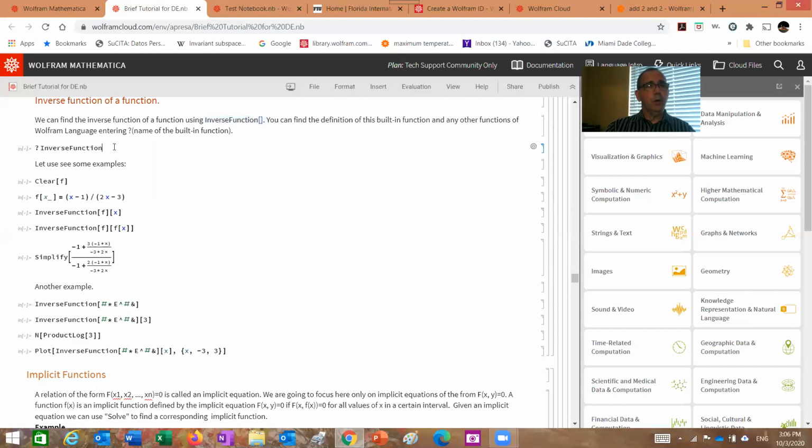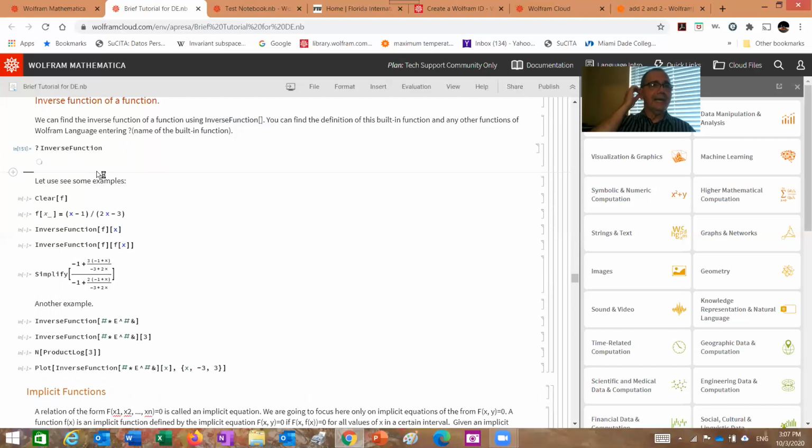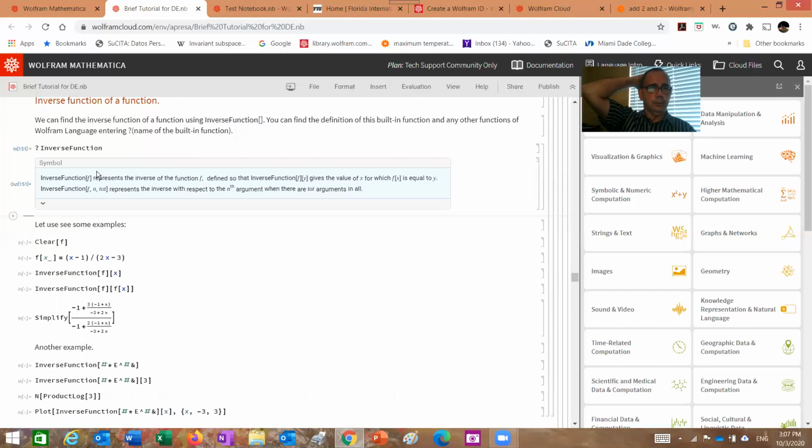If you want to know more about this built-in function, and you can do the same thing with any built-in function, you enter a question mark and then the name of the Wolfram Language function, and then you press Shift Enter, and you get the syntax of that function.